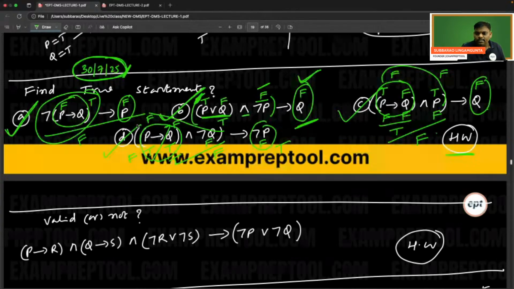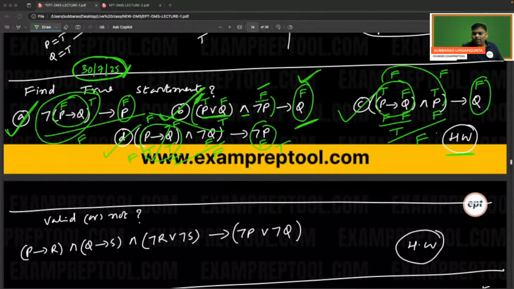Let's see what all the people are thinking. It is a homework. Mostly many people have done it. So let me check here. All are correct. Am I right or wrong? All valid. Am I right or wrong?